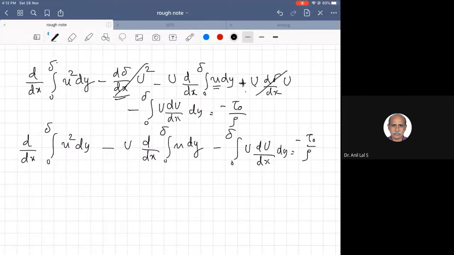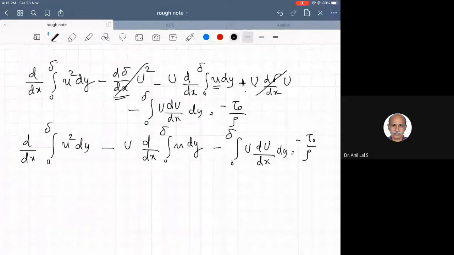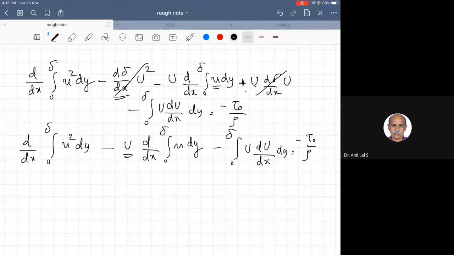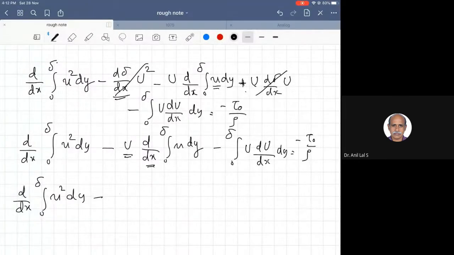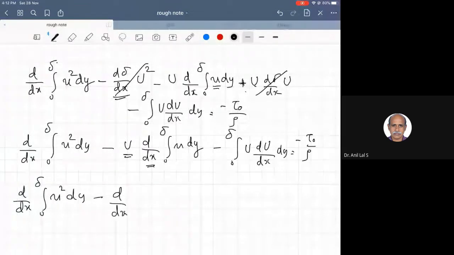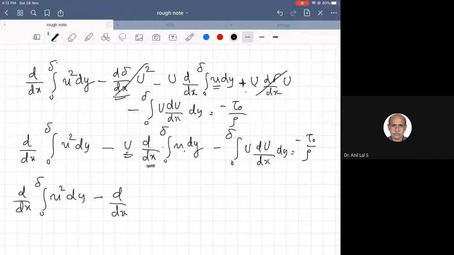Now I will do one more thing: this capital U is outside d by dx, and I'll keep it inside. So d by dx of the integral 0 to delta of u squared dy, minus d by dx of the integral 0 to delta of u into capital U dy. Placing capital U here or inside is okay because capital U is not a function of y.